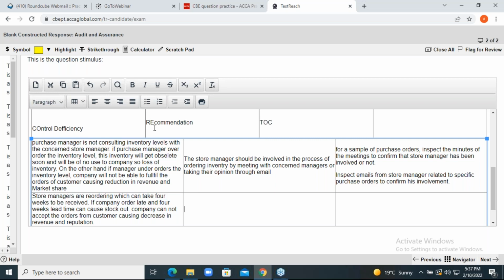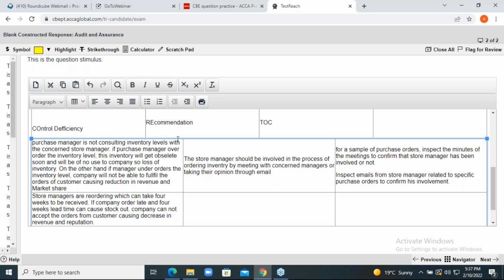Now, as far as the recommendations are concerned, companies are also following a just-in-time system, but it is followed once a year, or it is based on a centralized system. So at store level, what should we do? There must be some reorder levels. The issue can be solved if the reorder level is maintained.